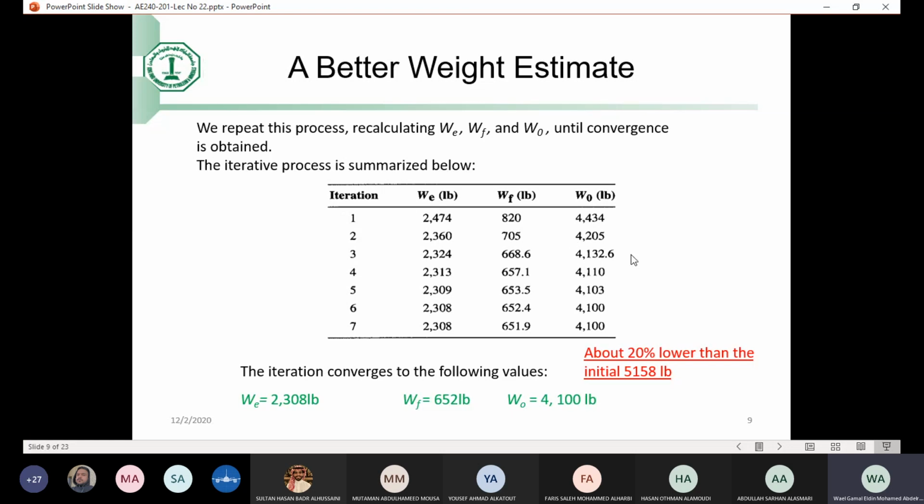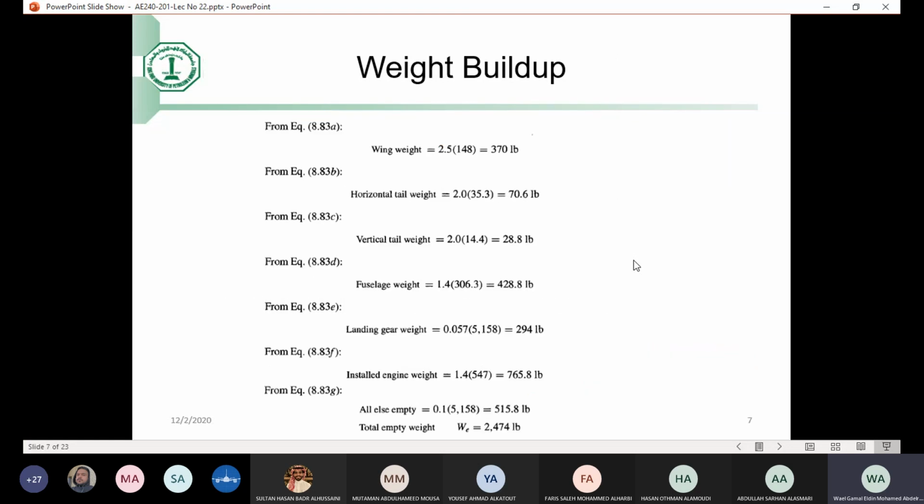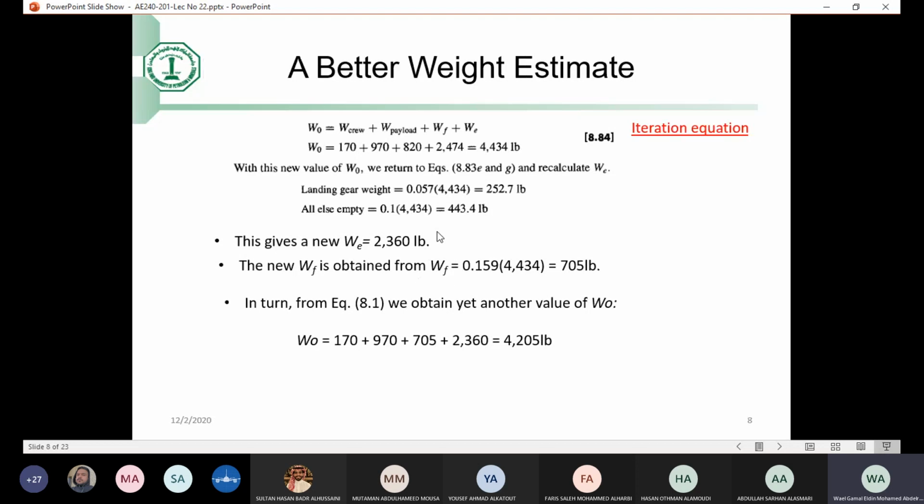And this 4,200, I am going to take it and put it here. I will replace the 250 that was in here with an even smaller number. So the total will go down. Is it clear now? Yes, yes. Three numbers will be replaced: the landing gear, all else, and WF.